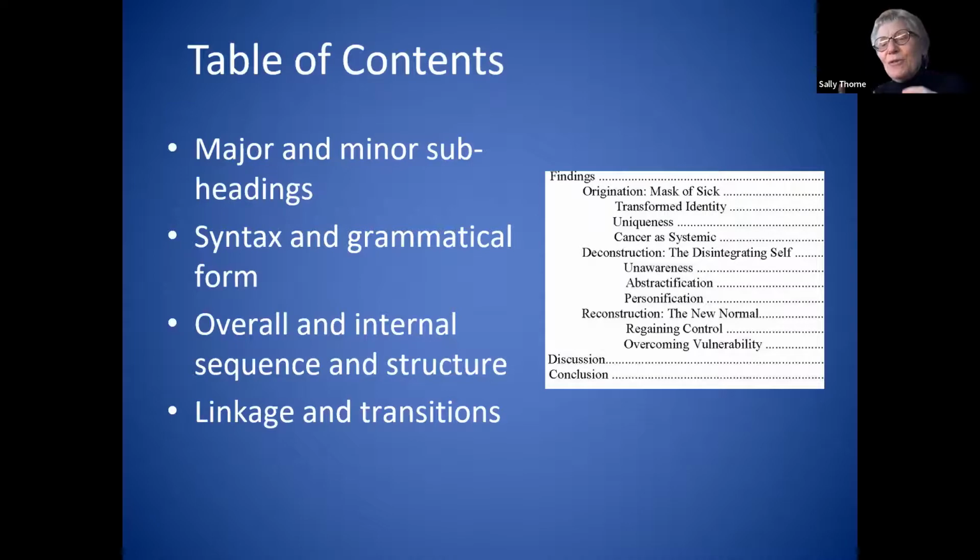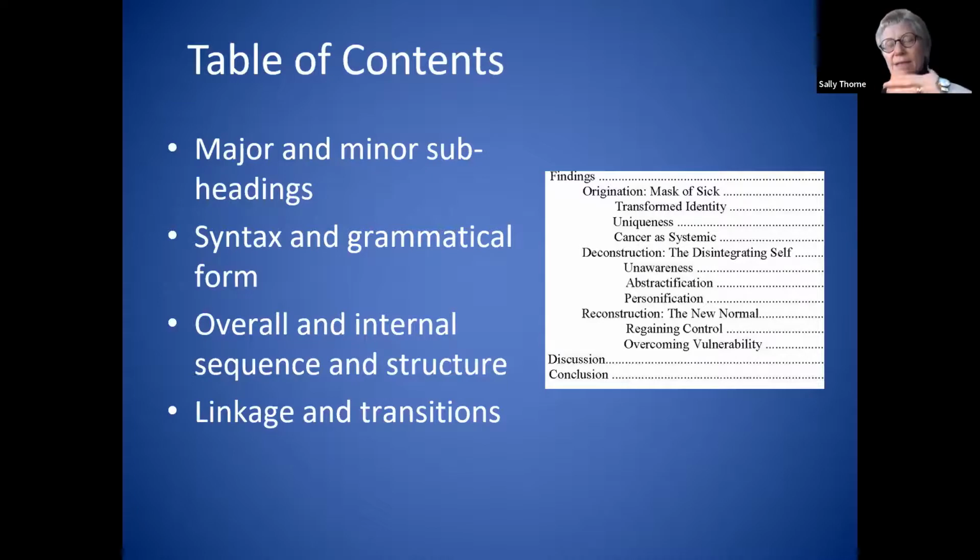And so the findings, as you move from thinking to actually creating a product, take the form of a table of contents. A table of contents is a really useful device to organize yourself into what are my major groupings and what sequence do they go in, and what are the minor groupings and what sequence do they go in, and how do I think of them as a whole?